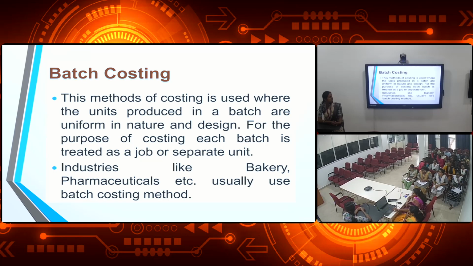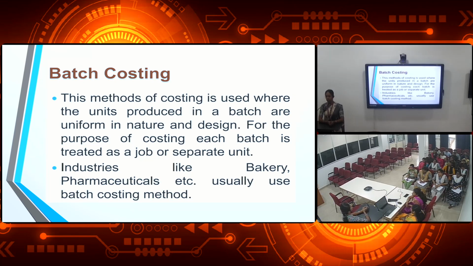Yes. Then next is batch costing. This method of costing is used where the units produced in the batch are uniform in nature and design. For the purpose of costing, each batch is treated as a job or a separate unit. What is meant by that? We can take the garment industry as the best example. For example, we are producing 500 pieces of a garment.